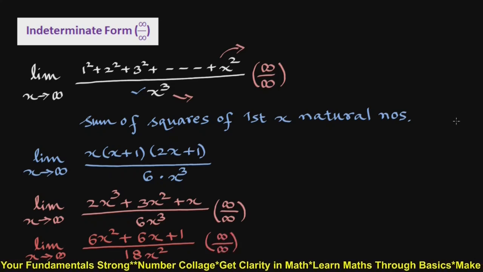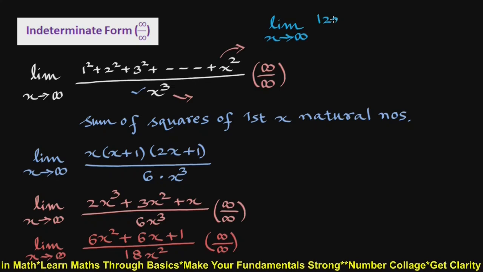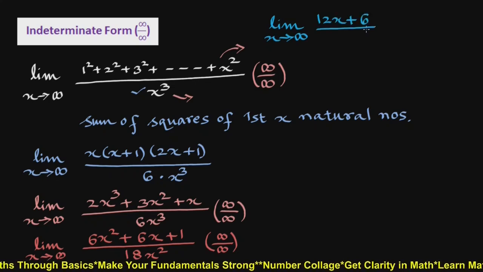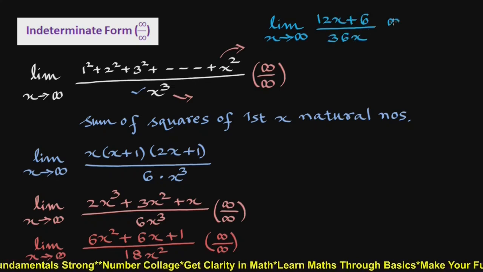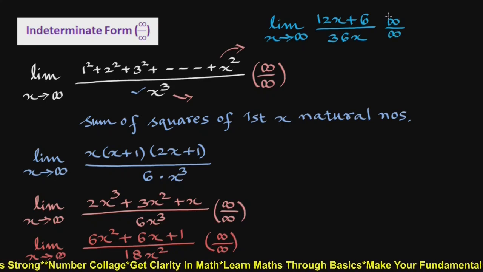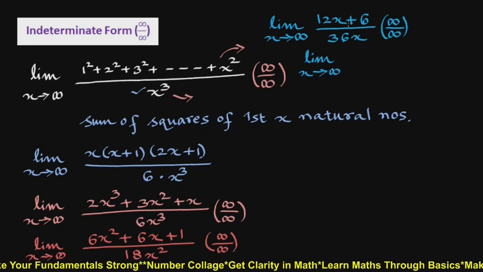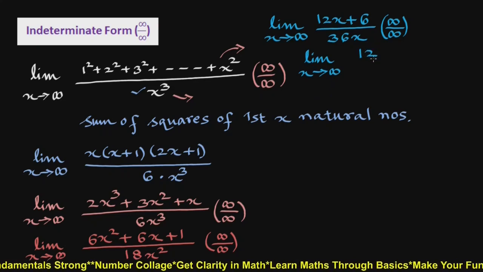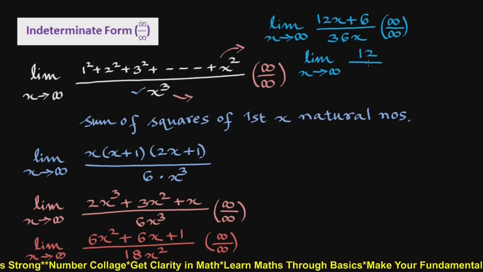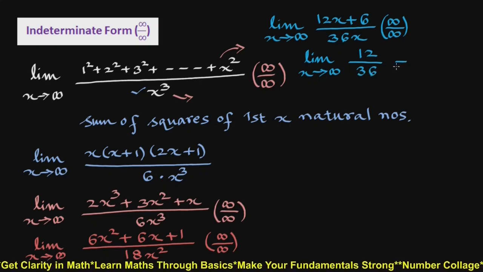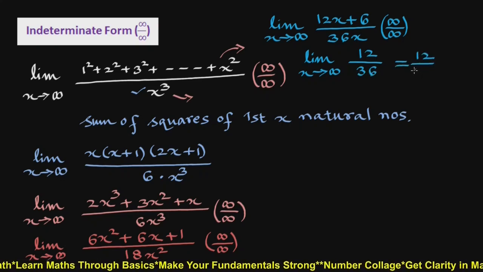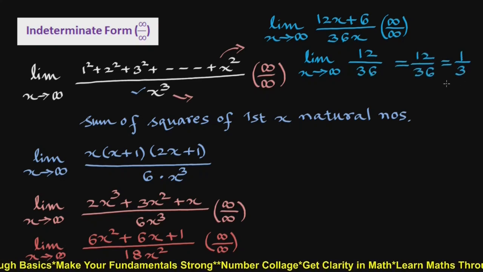Applying L'Hopital's rule again, 12x plus 6 upon 36x. This again is infinity upon infinity form. Applying L'Hopital's rule, derivative of 12x plus 6 is 12, derivative of 36x is 36. This will be 12 upon 36, 1 upon 3. So this is the value of the limit.